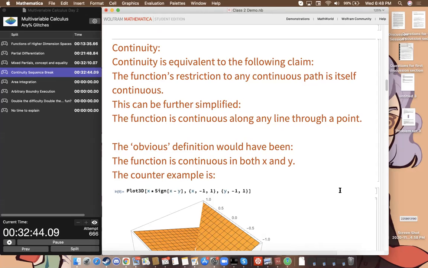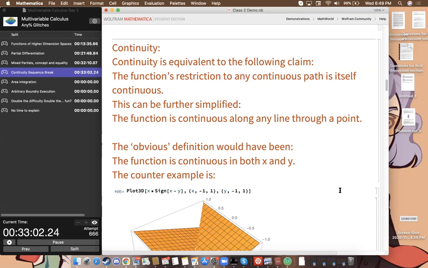It uses phrases like open sets and pre-images, but to simplify the explanation, we can just say a function in multiple dimensions is continuous if its restriction to any continuous path is itself continuous.